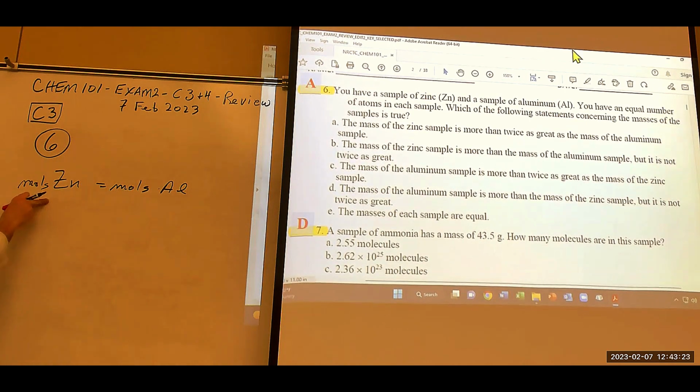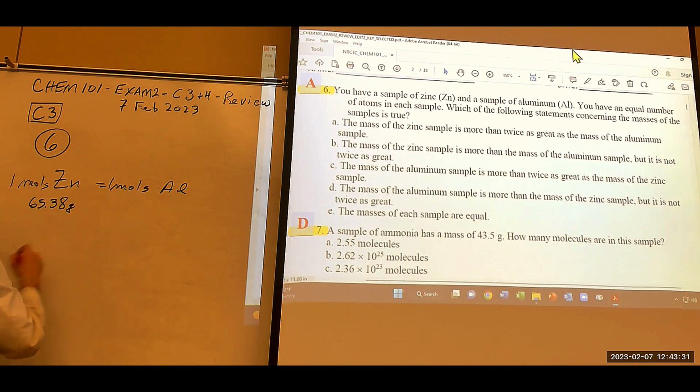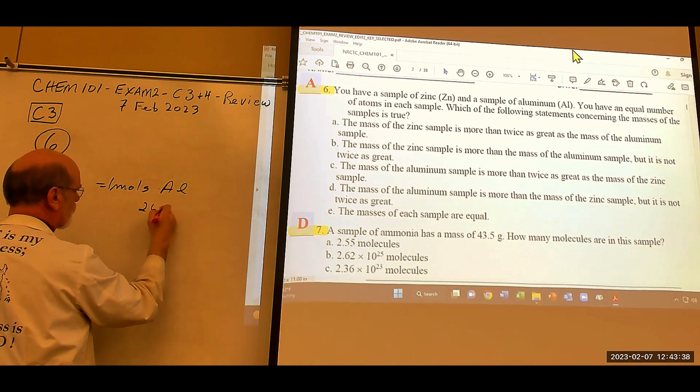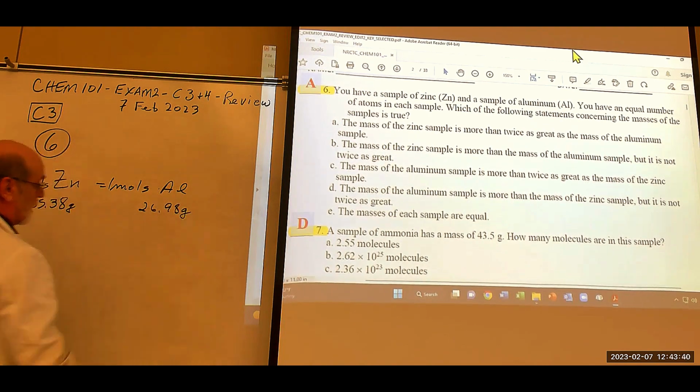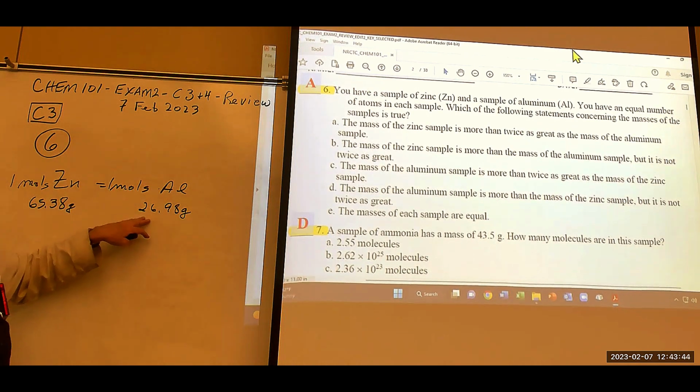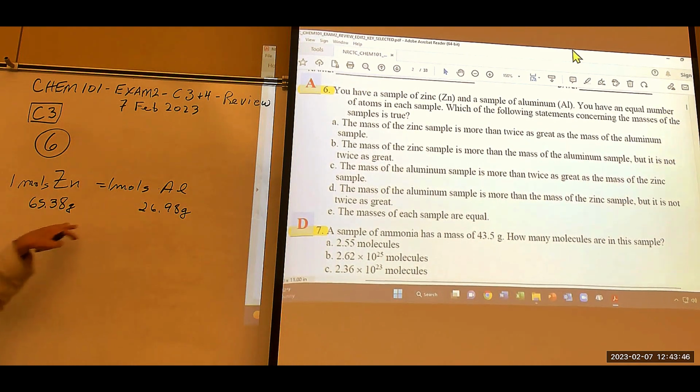So a mole of zinc is 65.38 grams for 1 mole. And 1 mole of aluminum is 26.98 grams. Okay. So if we have an equal number of moles, aluminum is going to weigh less than zinc.